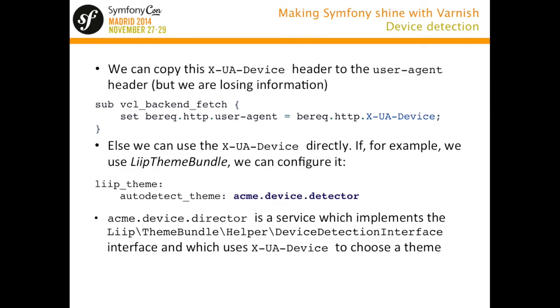So if you want to use your user agent header for anything other than device detection, if you want to keep logs or something like that, then you're losing this information. And in that case, you don't want to replace the user agent header, and you want to send this special header directly. If, for example, for device configuration, we use this lib theme bundle, we can configure a special device detector, and then we can configure this device detector so that it uses this special header to decide if we are mobile or what.